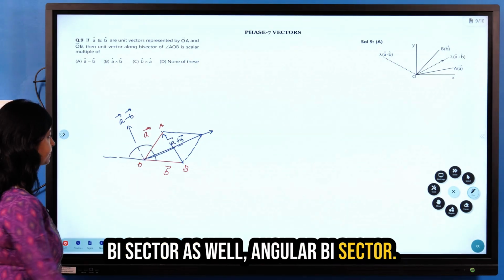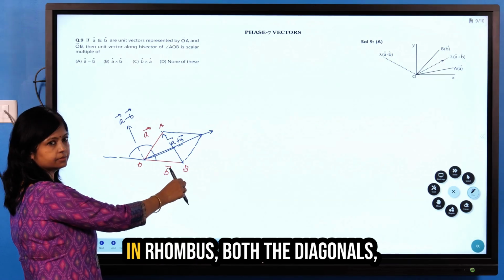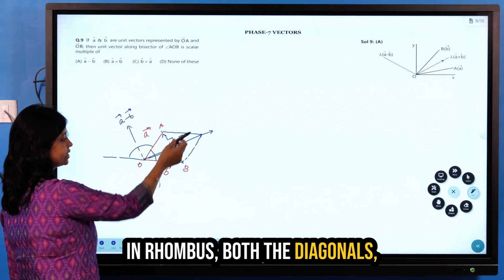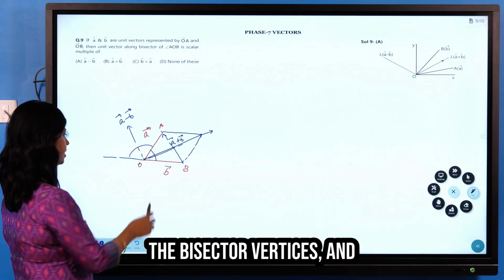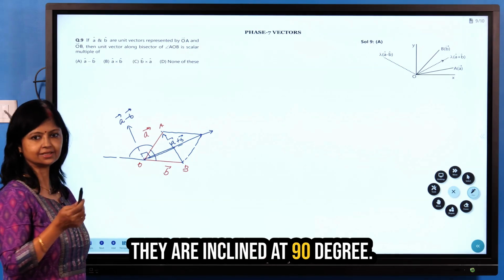And in a rhombus, both the diagonals bisect the vertex angles and they are inclined at 90 degrees.